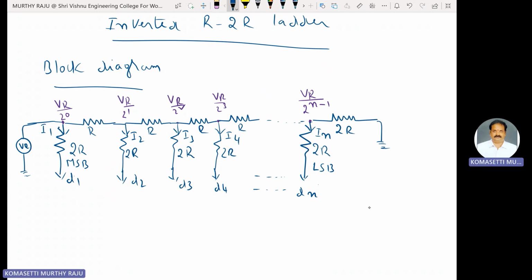We use the op amp in inverting configuration. Minus, plus. This is the output voltage V0 with respect to ground. Here two lines are there.